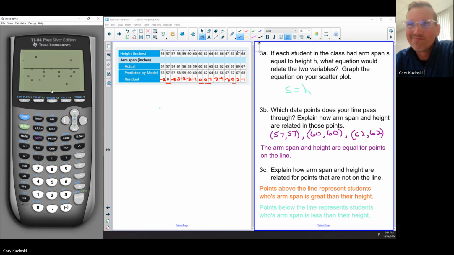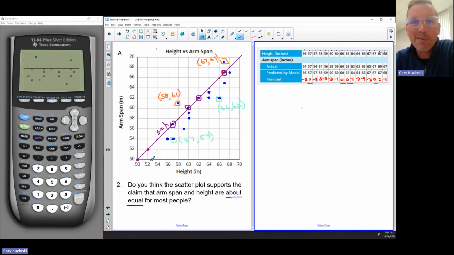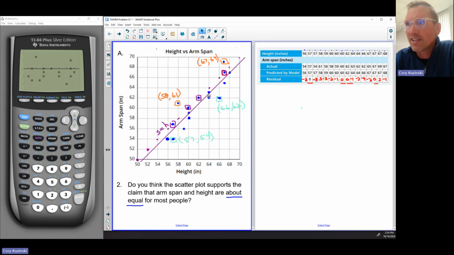I don't know, this doesn't show me too much. It's really not much different than looking at this graph. How many blue points do you see underneath that purple line? Most of the students. I only see 2 students whose arm span is greater than their height. So this line's not that great. I'd rather have it look something like this. Wouldn't that be better?